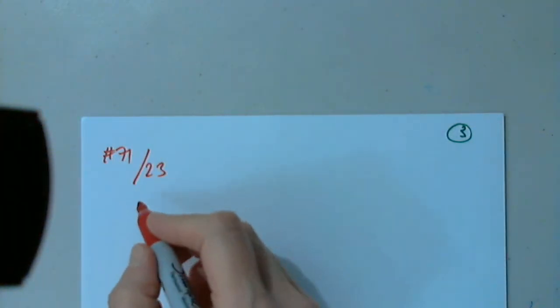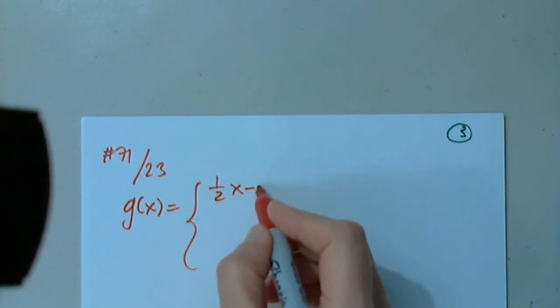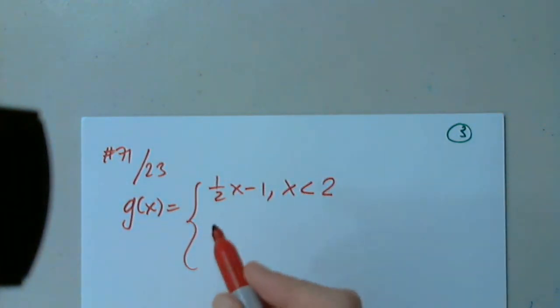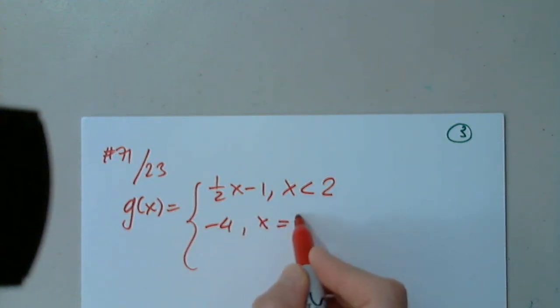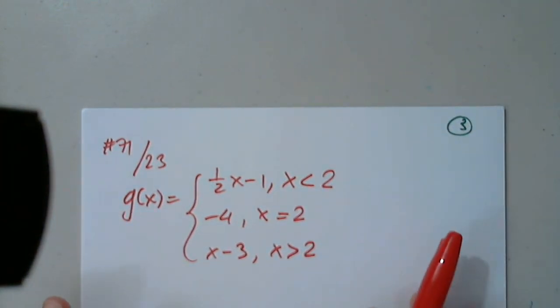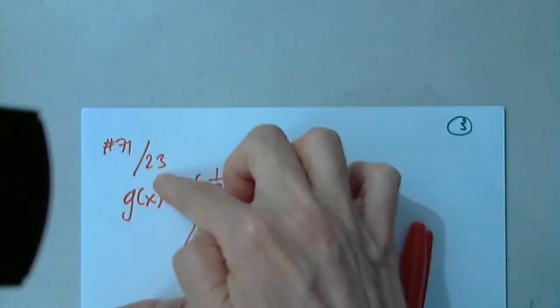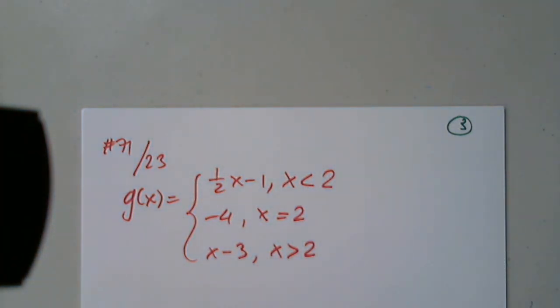Perfect, let me copy it. And then this is g of x, 1/2 x minus 1 for x less than 2, -4 for x equals 2, and x minus 3 for x greater than 2. Excellent pick. Perfect. Every time we are asked, is this a piecewise defined function? Yes. For this domain, between -∞ and 2, and I'm going to write it on the side right now.